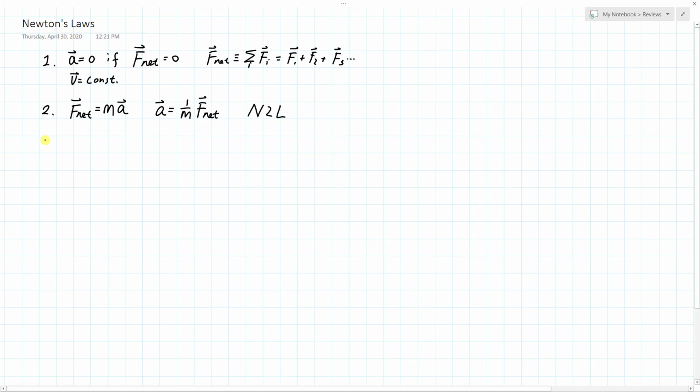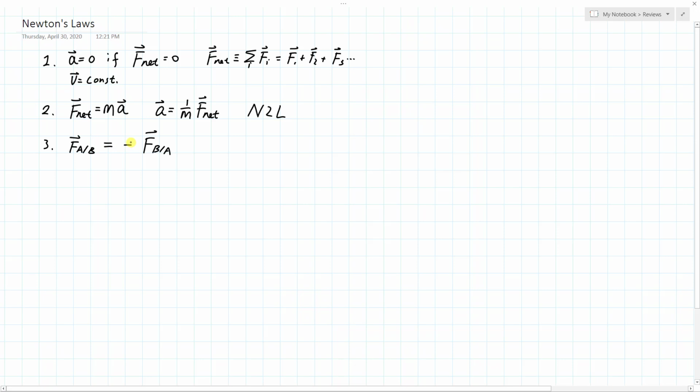Okay. And the third law says something about force of action and reaction. Say if you have two objects, A and B. So force on A, acted by B, and this is force on B, acted by A, and they're actually equal and opposite.